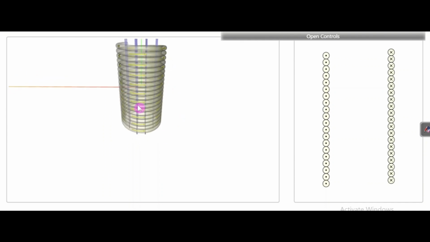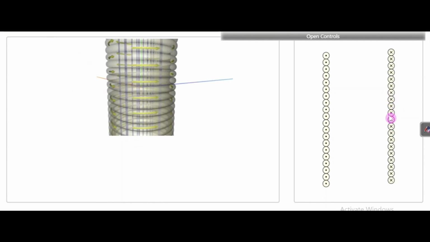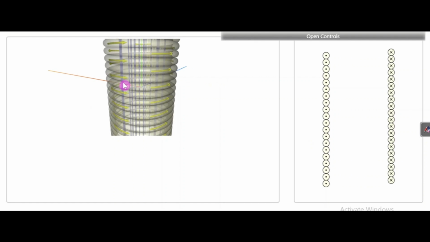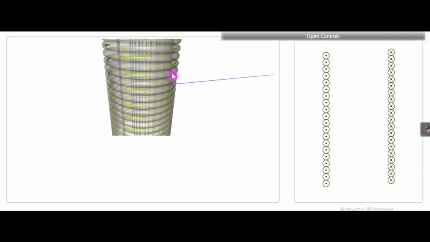So here this is the ideal solenoid because the length of this solenoid is greater than the radius of this solenoid. In this, the cross is used for current going inside the conductor, and here the current is moving outside. Similarly, here the current is moving on this side towards you, and here the current is moving from you towards the screen.